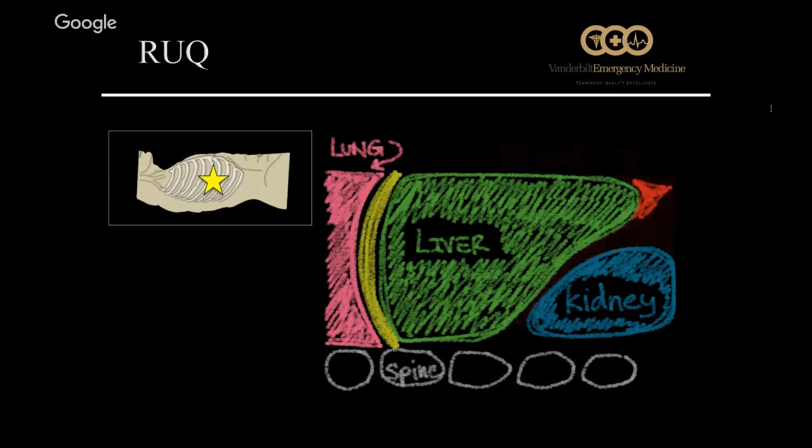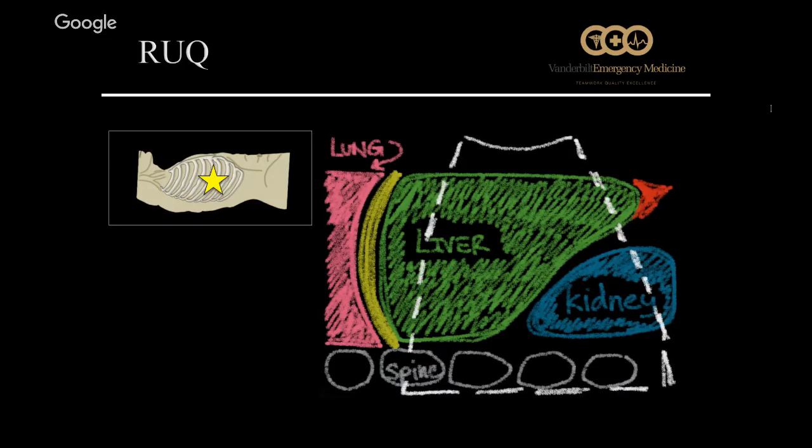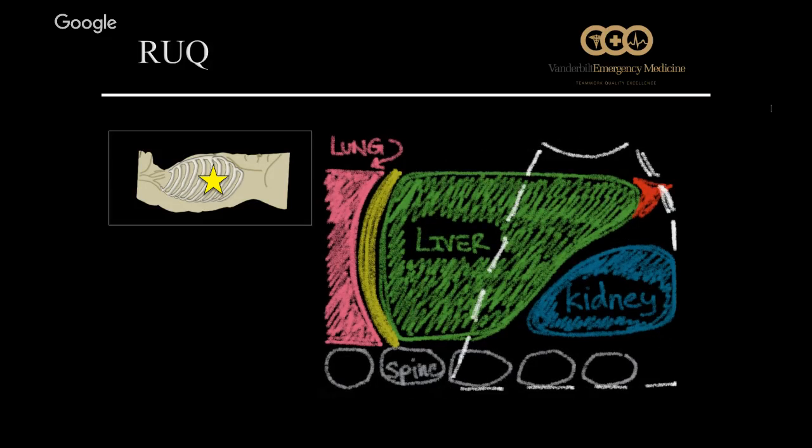Next. Next slide for me. So here's where we might miss a little bit of free fluid if our ultrasound is only imaging at Morrison's pouch. So just make sure that we see the tip of the liver. Next slide. I think we're just going to animate. We're sliding inferior and anterior just to make sure we fully evaluate the right upper quadrant.